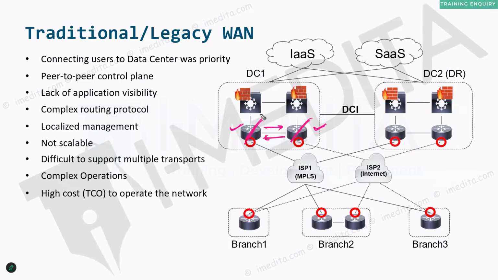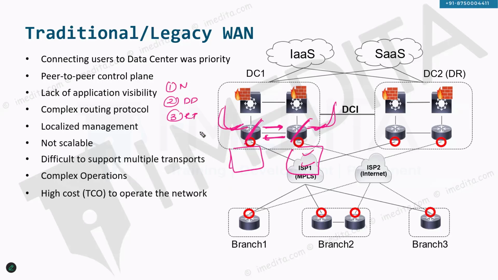Those control plane messages, the OSPF control plane is going to generate some OSPF messages. Those messages will pass between the devices. They will form the OSPF neighborship. They will exchange the database, and then they will calculate the routing table. They will basically update their routing table, and then the data forwarding between the two devices will happen.